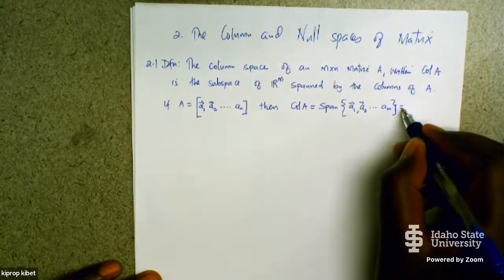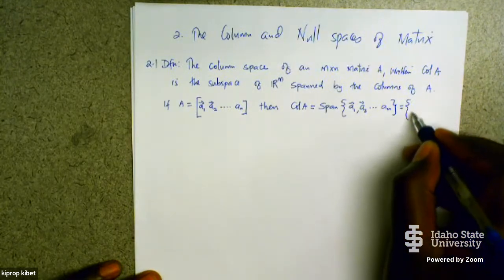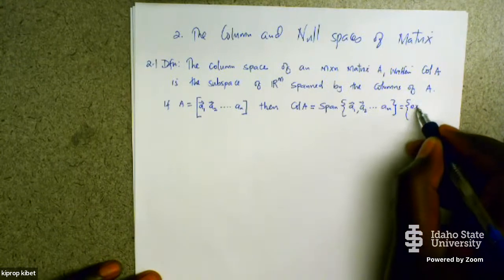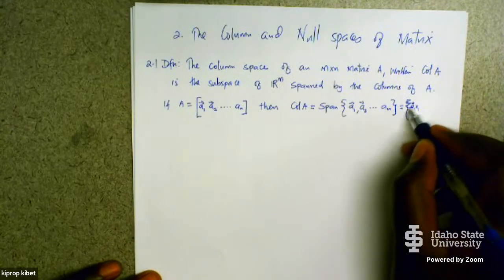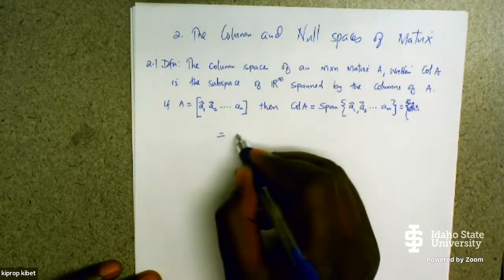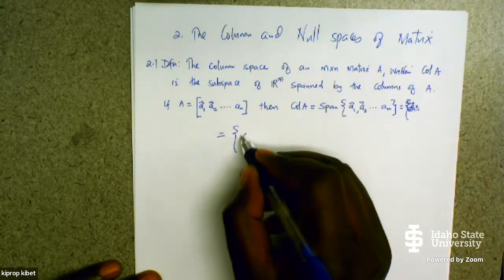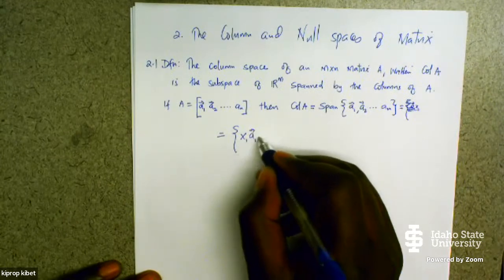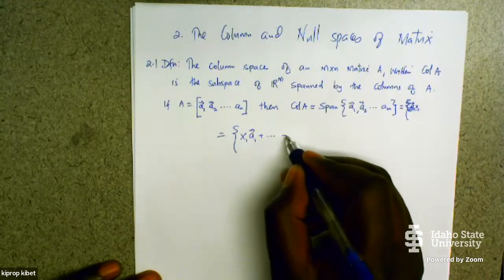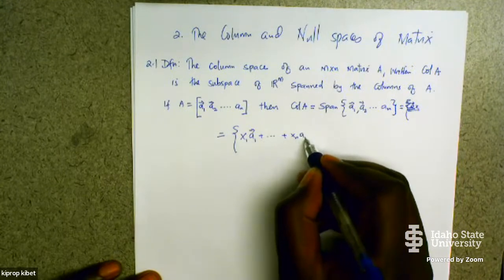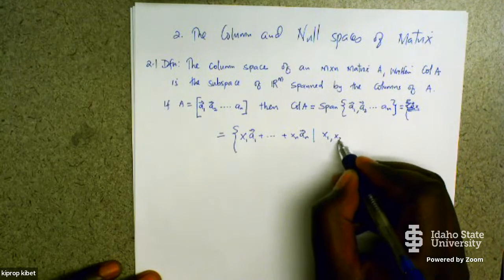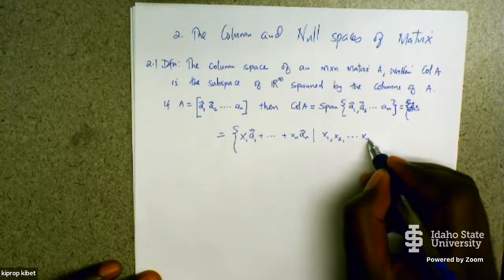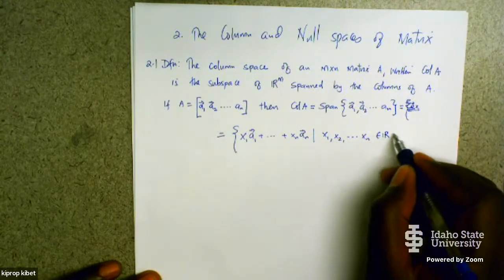This is the same as x1 a1 plus, all the way to xn an, where x1, x2, all the way to xn are elements of the real numbers.